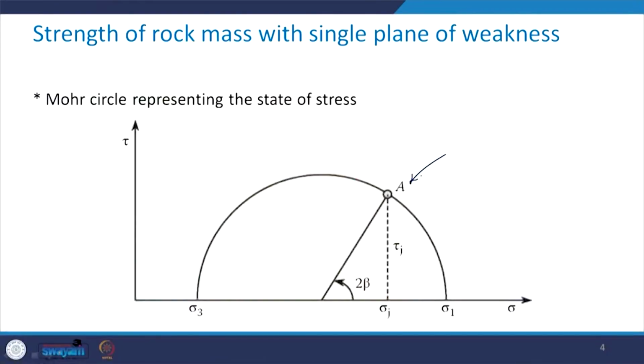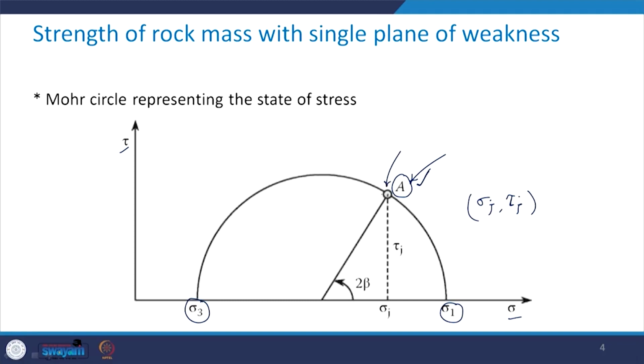Let us say that the state of stress has been represented by this point A in tau-sigma space, which will have coordinates sigma j, tau j, where sigma 1 and sigma 3 are the major and minor principal stresses, because this is giving us the state of stress at failure.